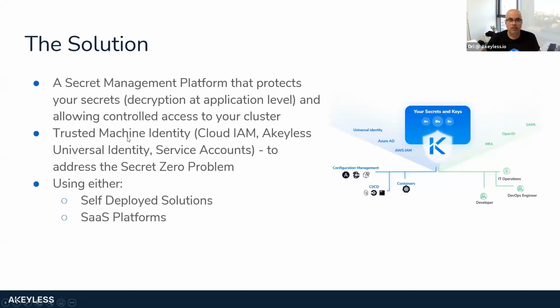In addition, instead of using a token or an initial secret or a key to authenticate to that secret management platform, use a trusted machine identity in a way that it cannot be used elsewhere without us knowing or be stolen and used by another entity. Examples of trusted machine identities are the cloud IAM, the Achilles Universal Identity, service accounts, and so on.